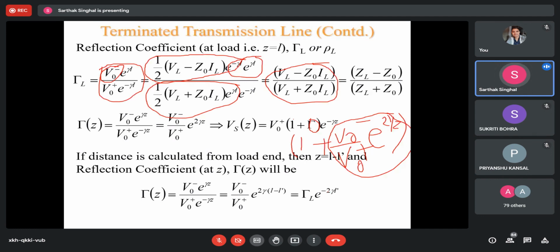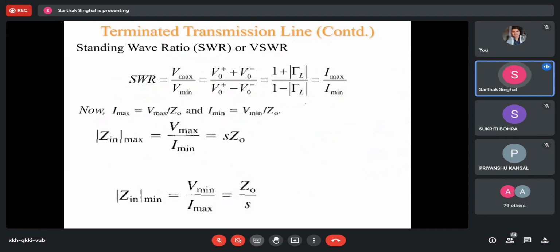So now by using this reflection coefficient, you can calculate one more parameter. By the superposition of the transmitted and the reflected signal, you will get standing waves, and so there will be some maxima and minima. What will be the value of maxima?